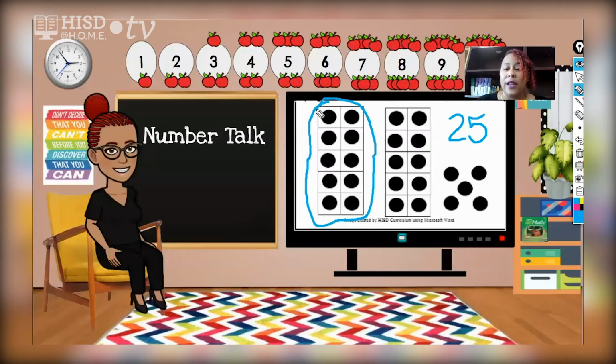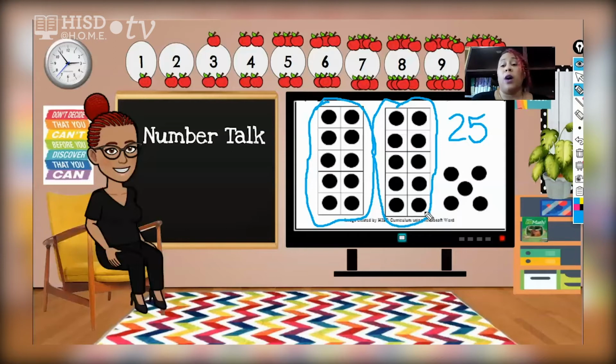And because we know how to skip count, we knew that this was 10. And since this 10 frame is filled, that means this is 10, 20. But then we had some left over. So here we had 10, 20, 21, 22, 23, 24, 25.